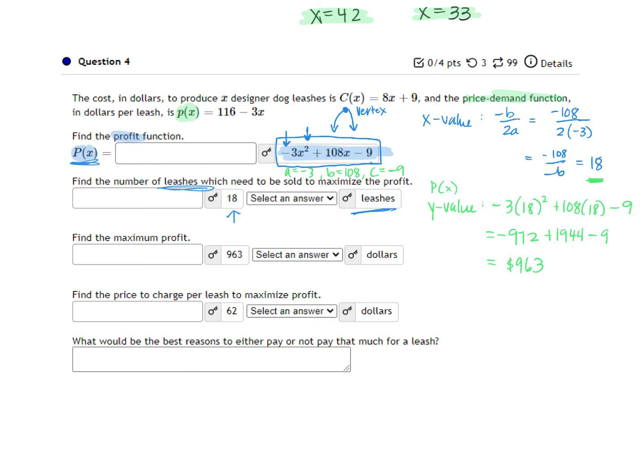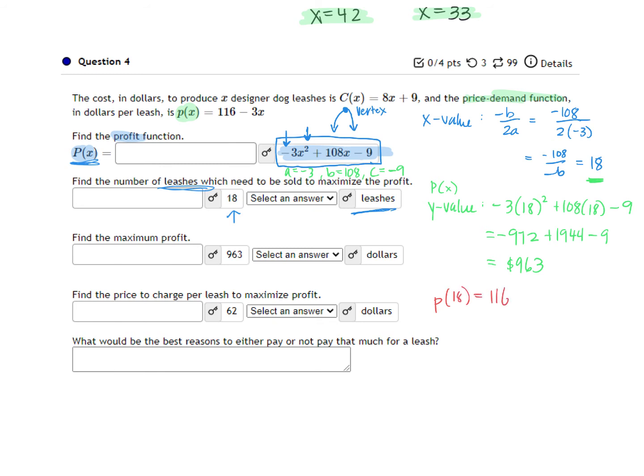Now you want to find the price to charge per leash to maximize the profit. We already know in order to maximize the profit, we need to sell 18 leashes. Well, to find the price that you should charge, you're going to plug that into the little p of X function. So instead of having X, I should put 18, because that's what I'm going to plug in.